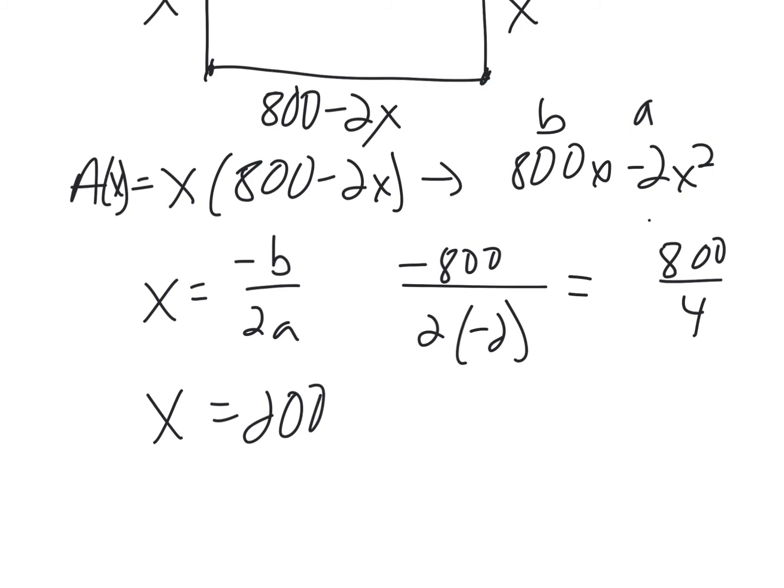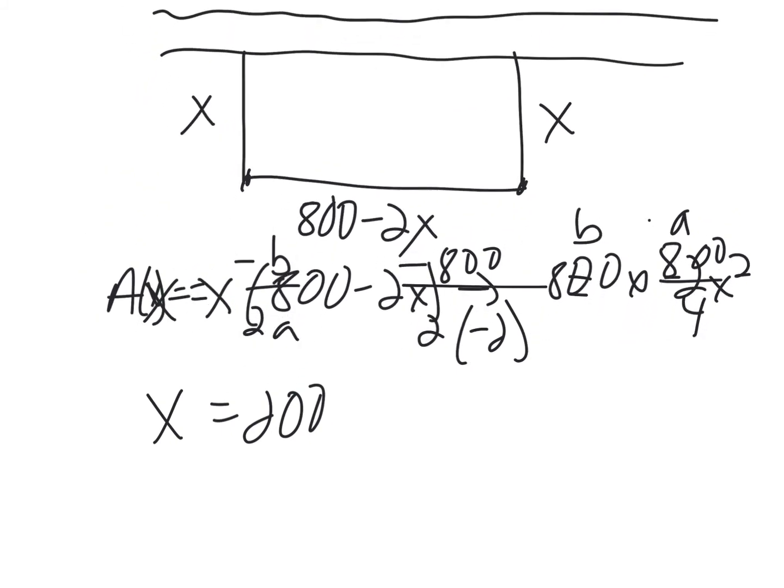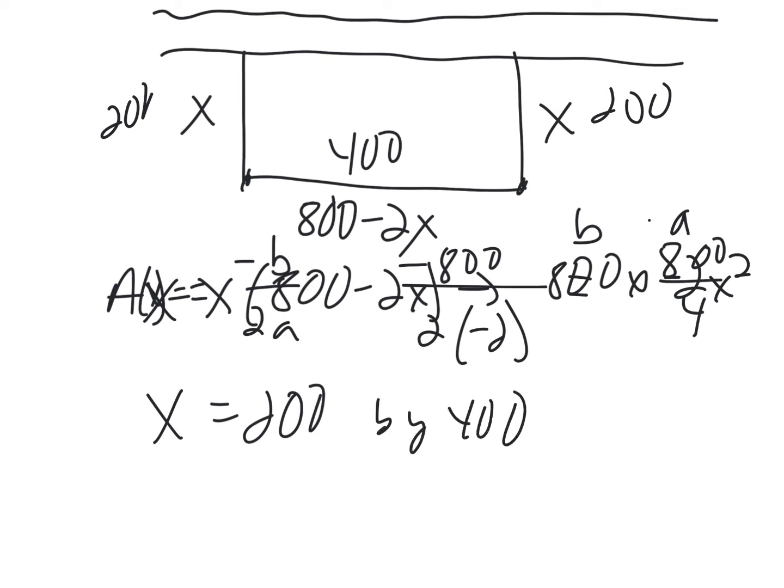So if this is 200 and this is 200, this has to be 400, right? 800 minus 2x, x is 200, okay? So that was the dimensions, 200 by 400, and because we know this is a parabola that opens down, that's the vertex, that's going to be the maximum, all right?